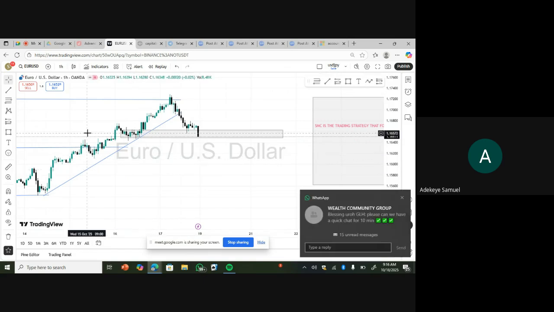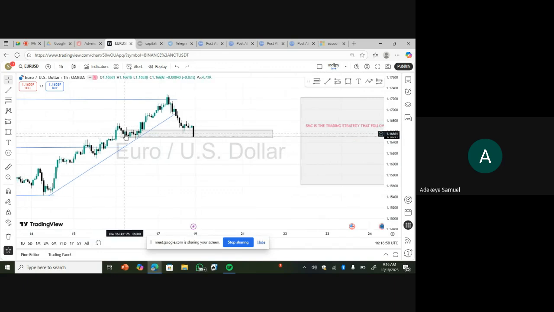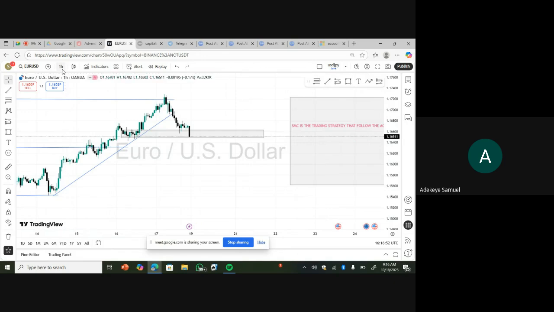Now, the market cannot be in an uptrend on 1 hour and be in a downtrend on 2 hours. That means there's something wrong. But let's say this is the 1 hour time frame.